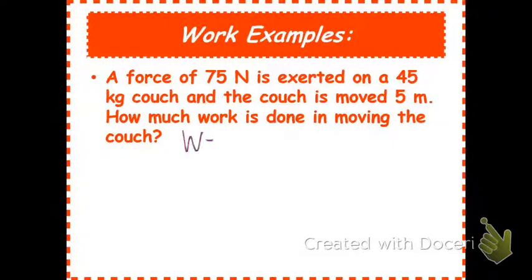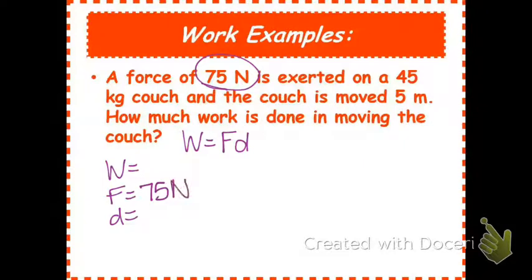Alright, W equals FD, which we've already gone through what each of those letters mean. Let's read the problem. A force of 75 newtons is exerted on a 45 kilogram couch, and the couch is moved 5 meters. How much work is done in moving the couch? 75 newtons is the first thing they gave us. Newtons is a force. Then they gave us this 45 kilogram couch.